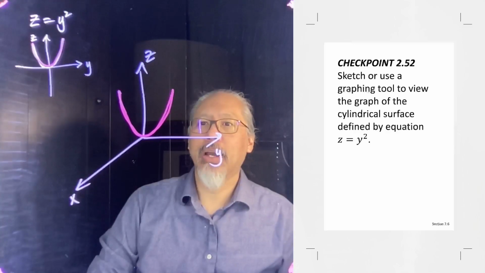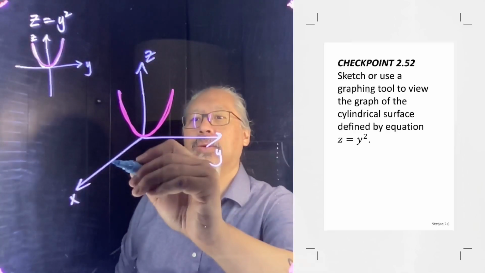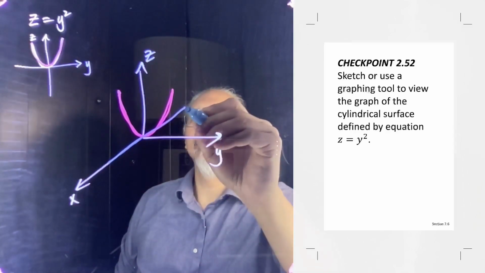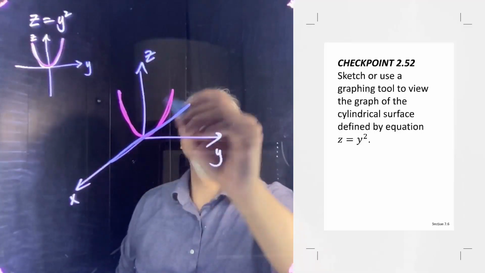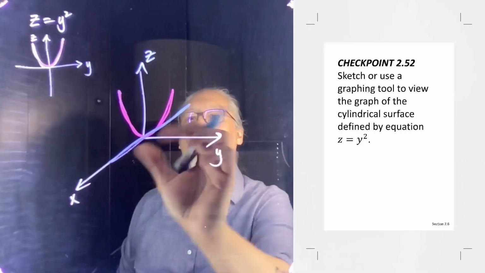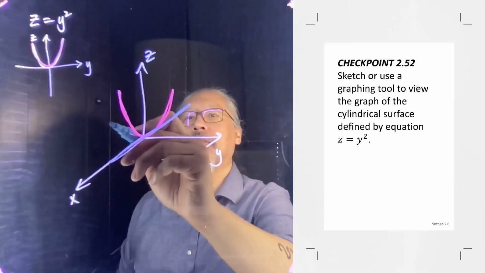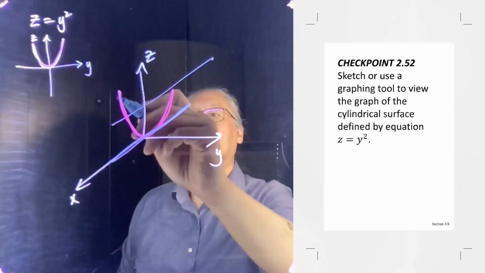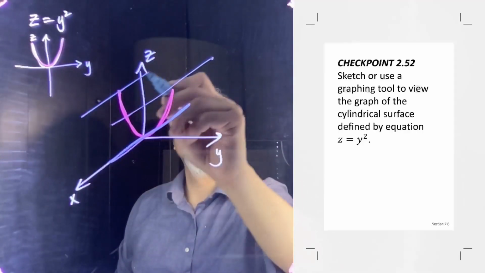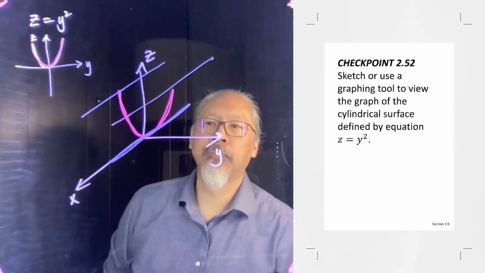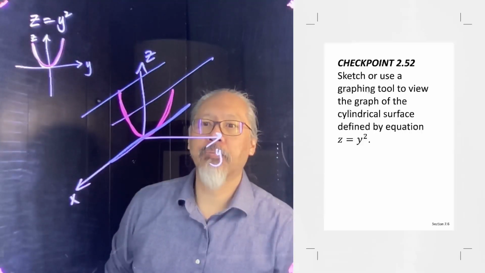And now we're going to imagine that we sweep along the y-axis. So wherever I can see an edge for this graph, I would draw the same parallel graph running along that axis. Okay?